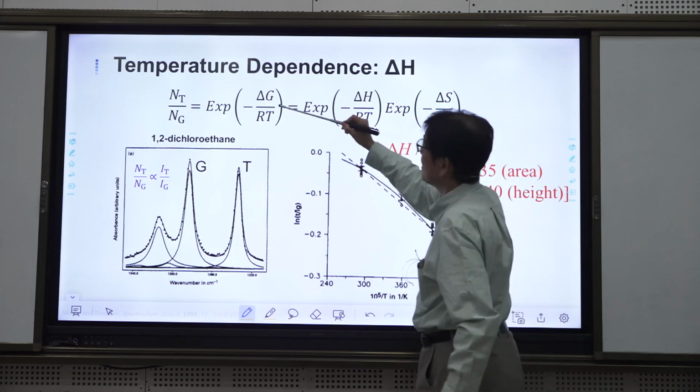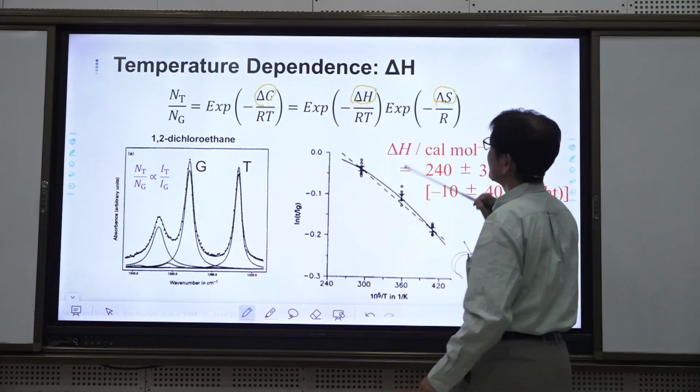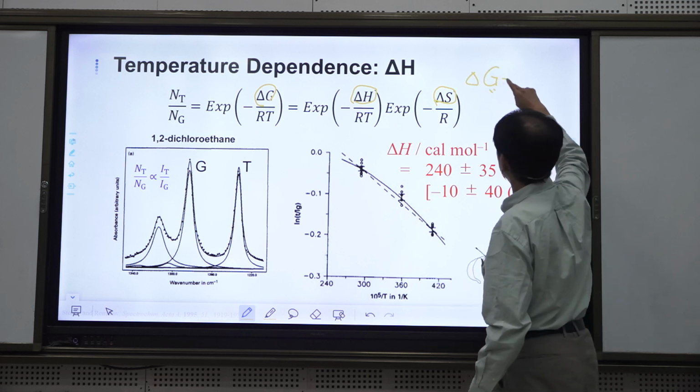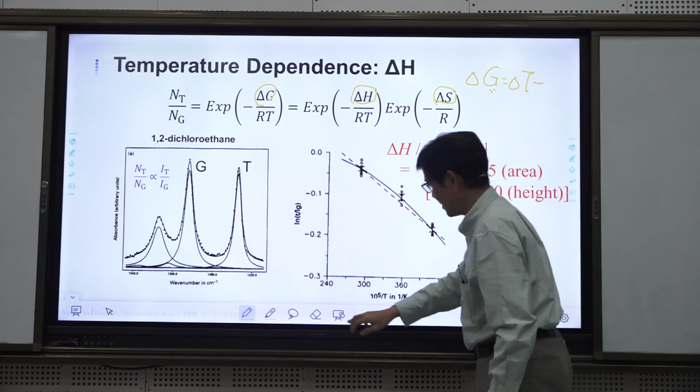So this part is separated into two groups. Delta H, sorry.